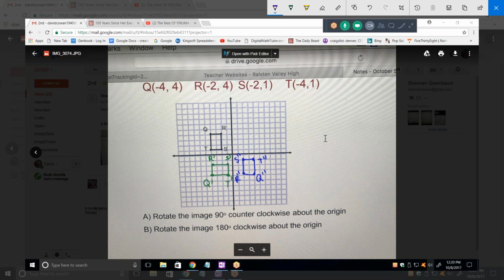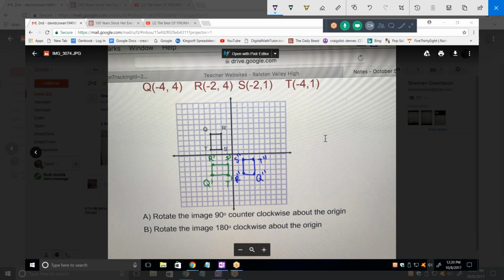Can you see how we get from that to that? In other words, part A is QRST prime.